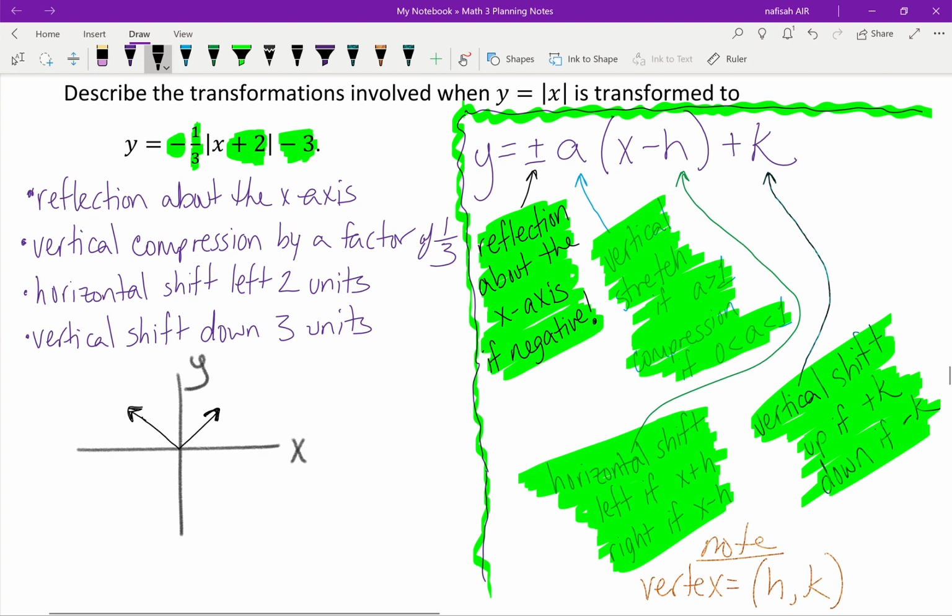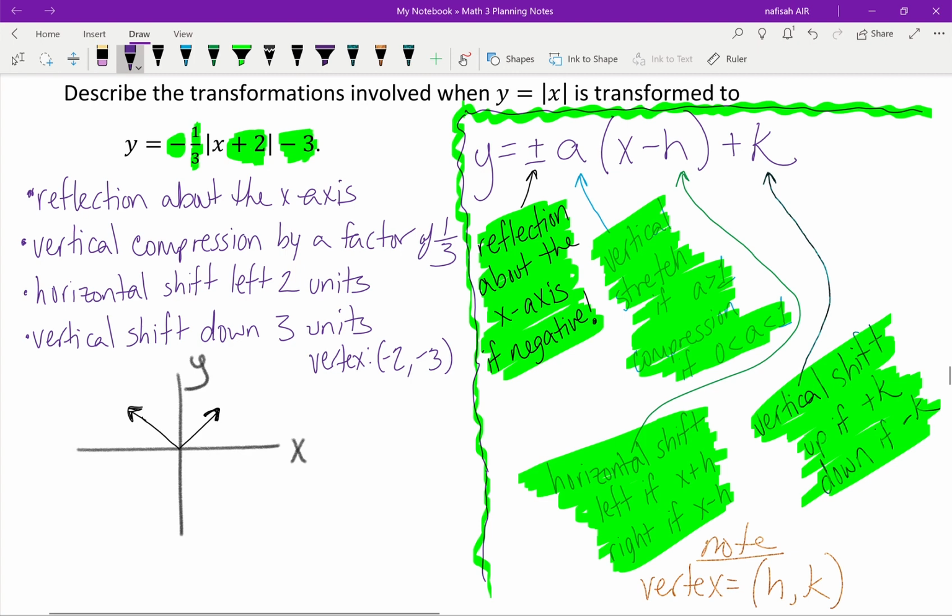If I know my vertex, which is H and K, then I'll know exactly where it moved left or right. In this case, my vertex here is -2, -3. You have to think backwards again.